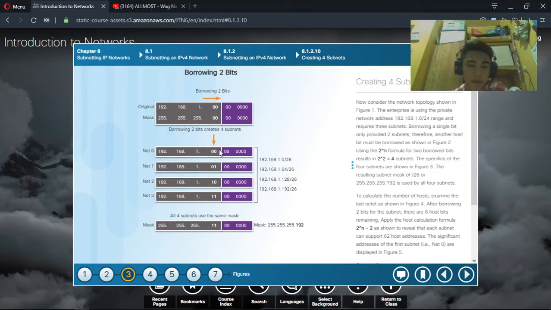So it will be 0, and the second value is 01, so it will be 64. The next is 128, and the next is 192, and the rest will be 0, and the subnet mask is 192.